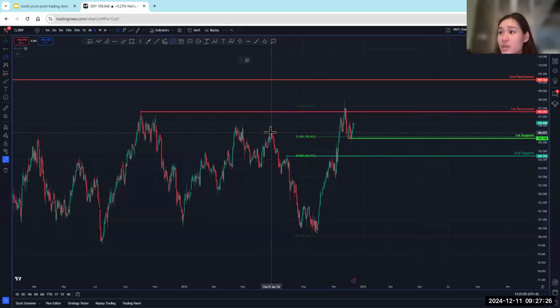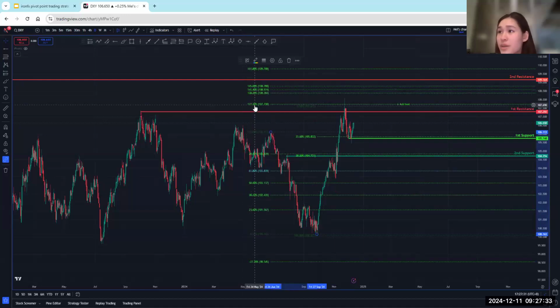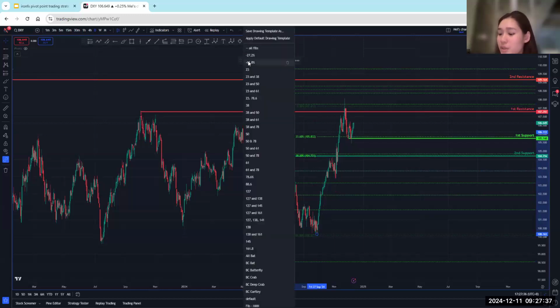Okay, now going in with, I think we might have a Fibonacci extension here. So yeah, you can see my 127 and my 161 line up with my first and second resistance.